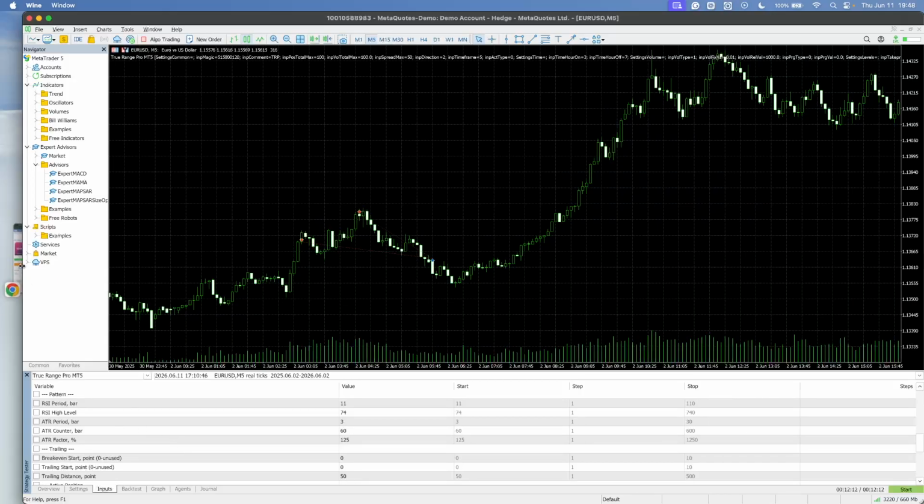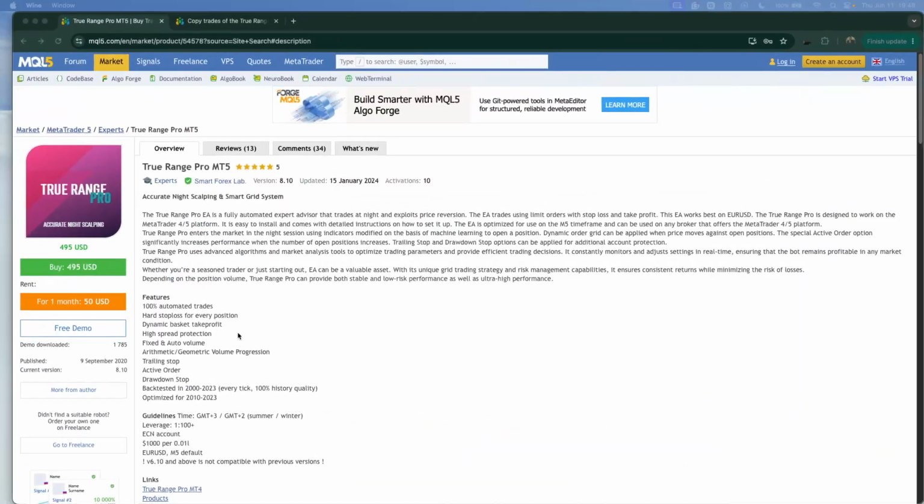My verdict for this expert advisor is that it's a capable night reversion grid expert advisor with decent tools and protections, but still, grid risks apply. Nuances will include spread and execution sensitivity, and potential for larger drawdowns in strong trends, just like we saw in my backtest.